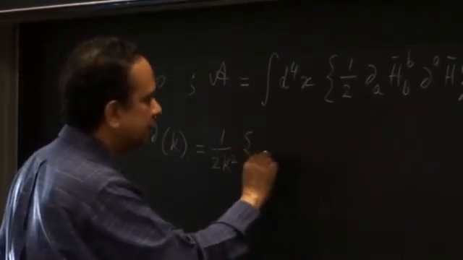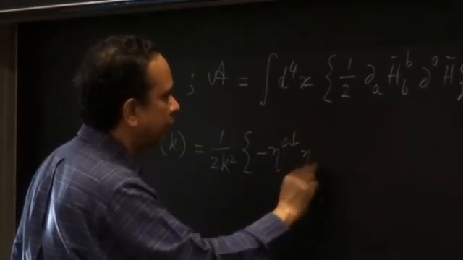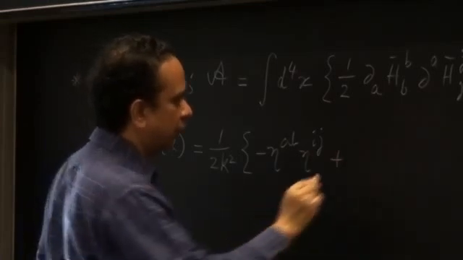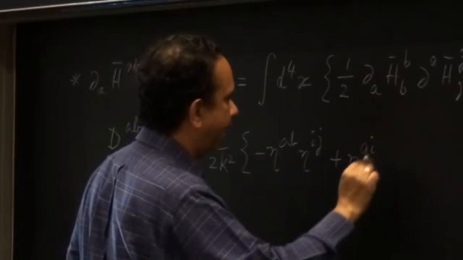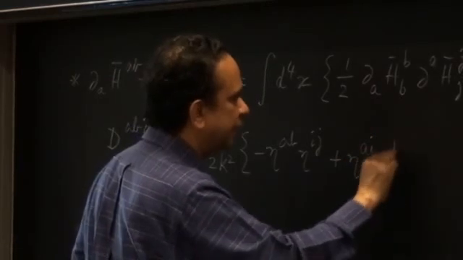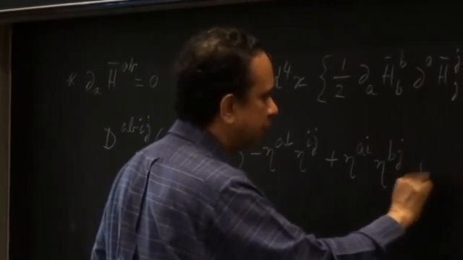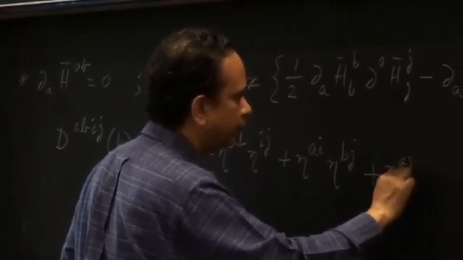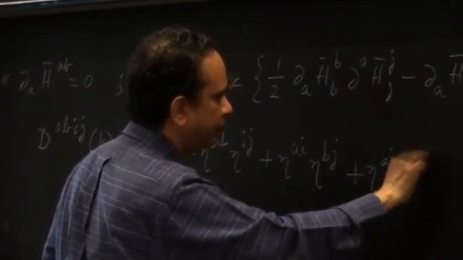Then I have a minus eta_AB eta_ij plus eta_Ai eta_Bj plus eta_Aj eta_Bi. If I got indices wrong, we'll correct it in the end.